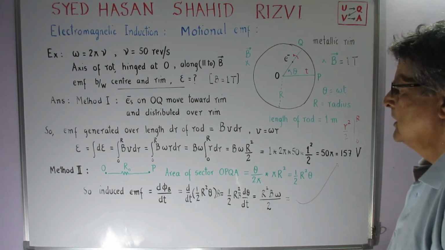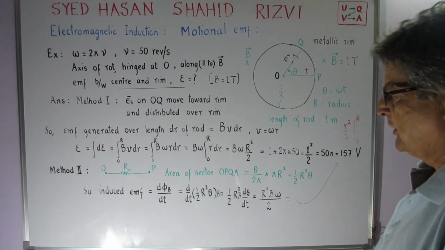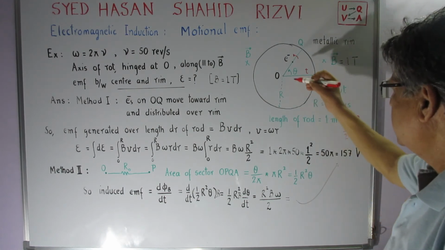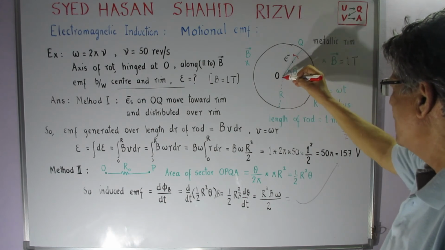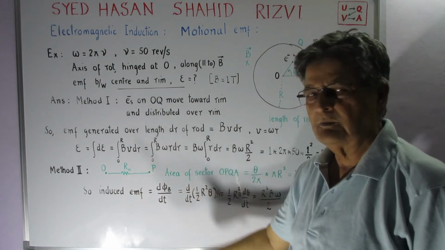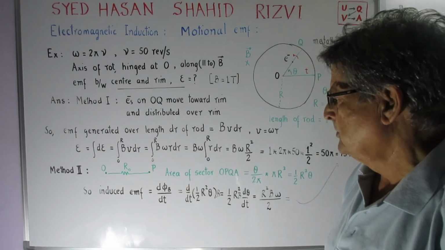Anyway, then we go for the second method, where we have a connection between O and P through a very small resistor R0.